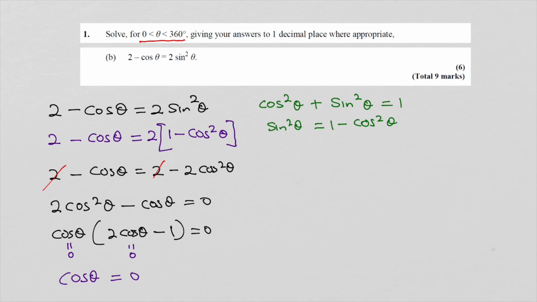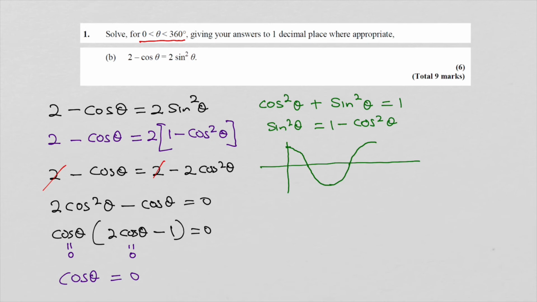So we know the values for that, because if we sketch cos theta, so let's just sketch cos theta. That's sketching cos from 0 to 360. So cos starts from 1, the amplitude, and it goes to 0 there. Then it goes down to minus 1, and then goes to 0, and then goes from there to 360.